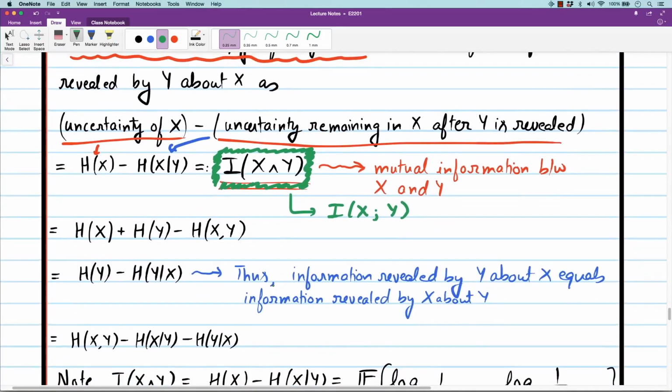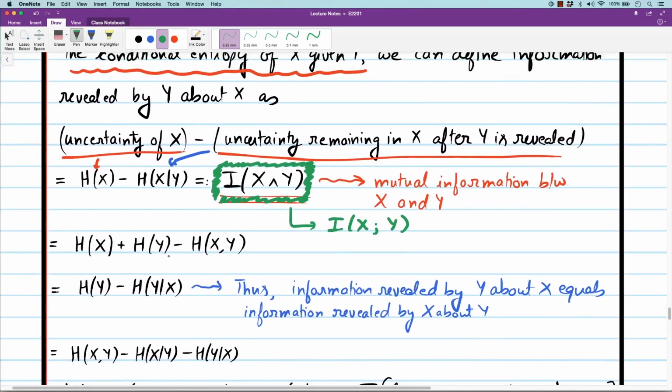So you can expand H(X given Y) as H(X,Y) minus H(Y). When you do that, you get this alternative formula: H(X) plus H(Y) minus H(X,Y). This is also equal to mutual information. Now you can combine H(X) and H(X,Y), and you get this second new formula, H(Y) minus H(Y given X). This is very interesting. Now this looks like mutual information between y and x.